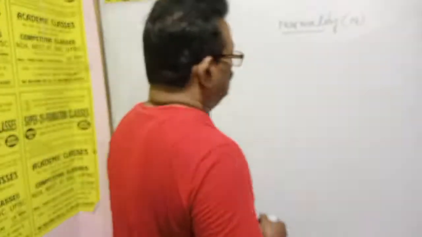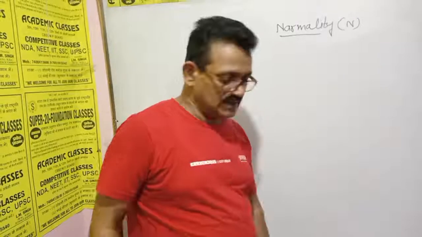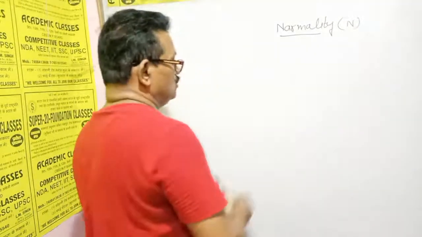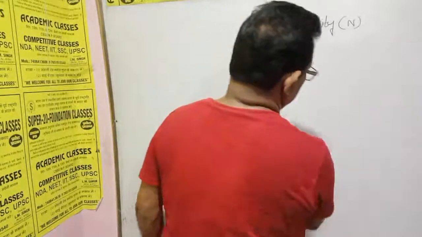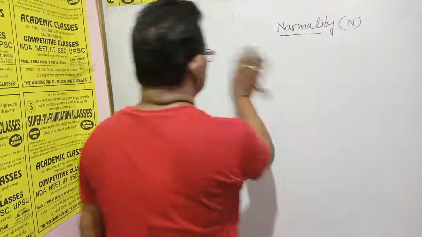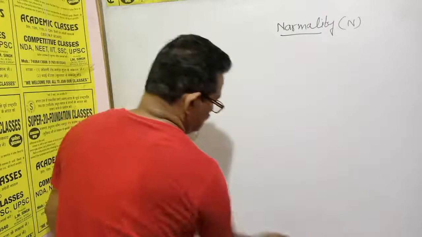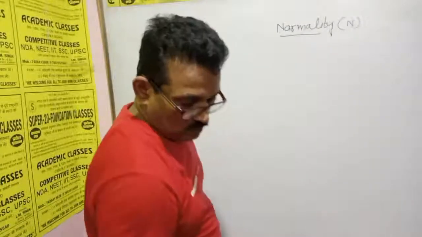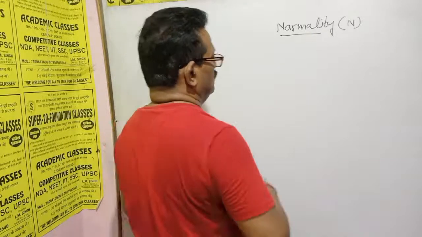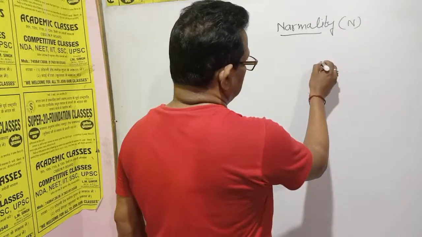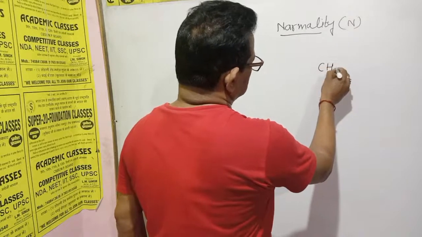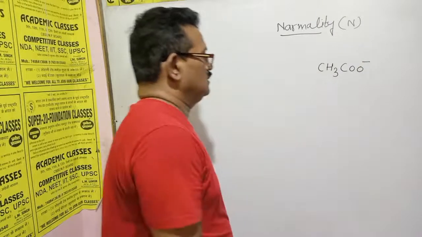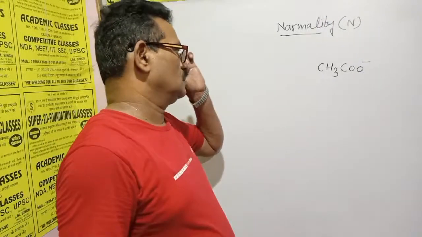You know the formula of acetate ion is CH3COO negative.